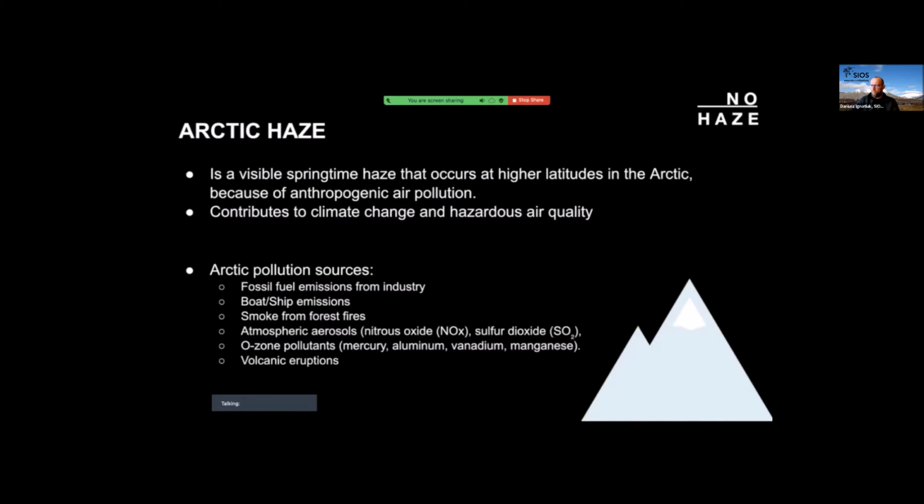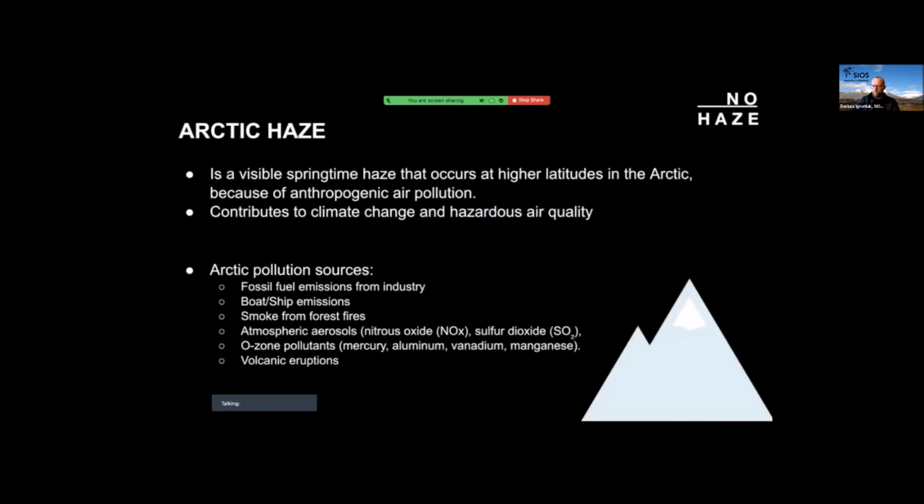Well, all of this then begs the question, what is Arctic haze? Well, it's a particularly persistent form of air pollution that occurs at higher latitudes in Arctic regions. It contributes to climate change as well as hazardous air quality that directly impacts Arctic communities. The haze causes limited visibility on the horizons of what had been previously very clear Arctic skies.